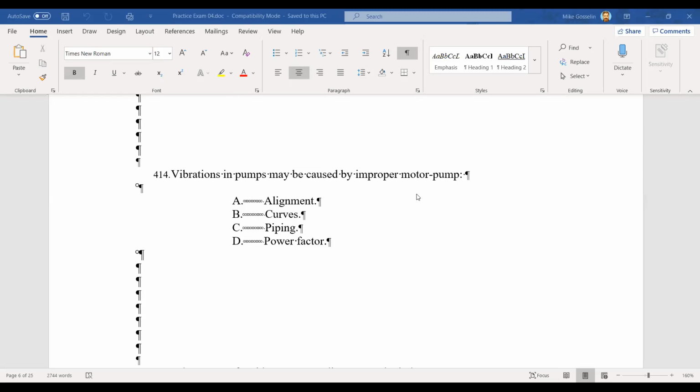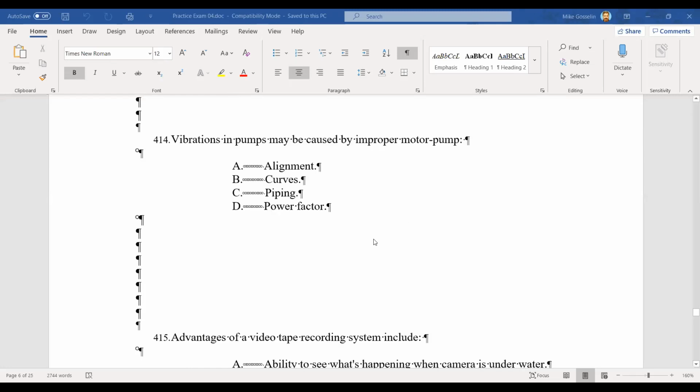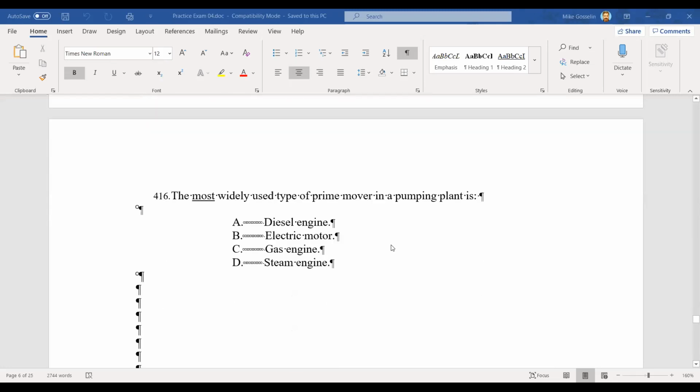Good answer. The most widely used type of prime mover in a pumping plant is? The wording's a little different than some of the stuff we talked about, but you bet, electric motors. Good answer.